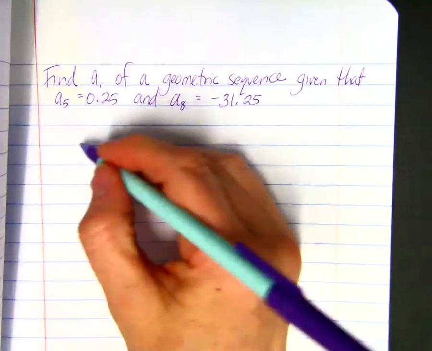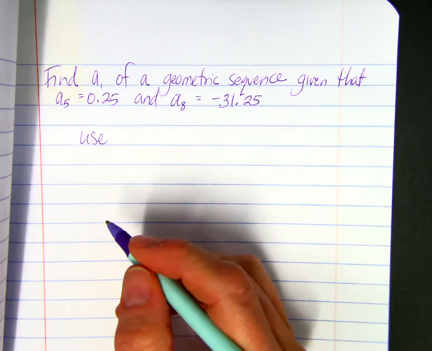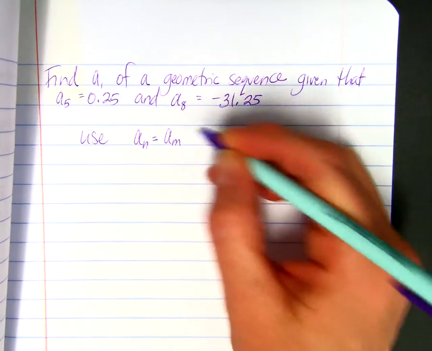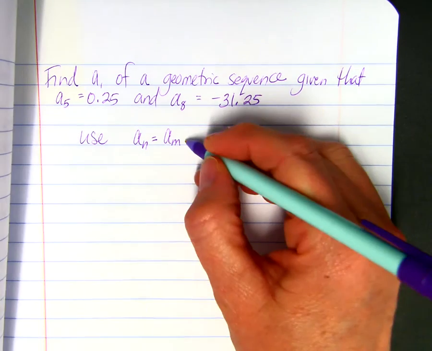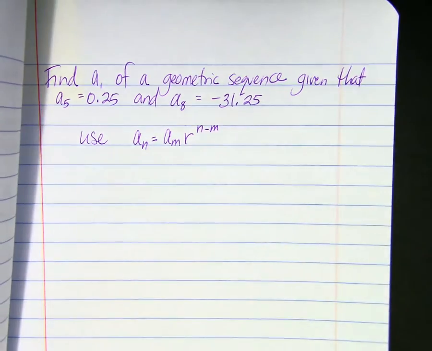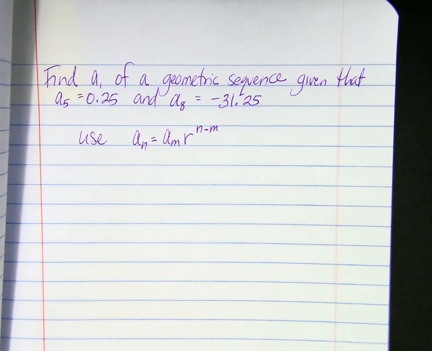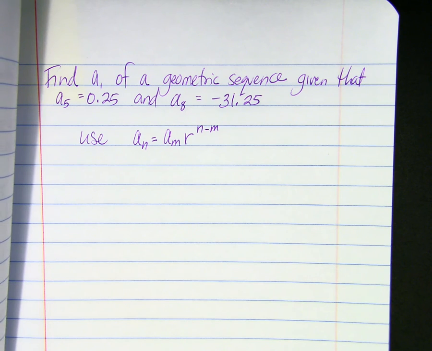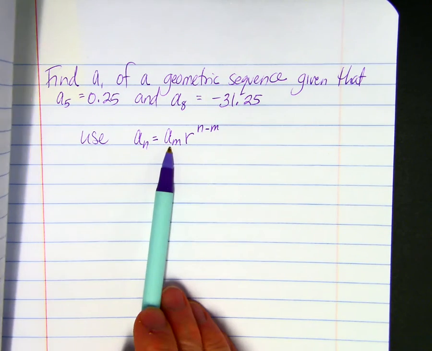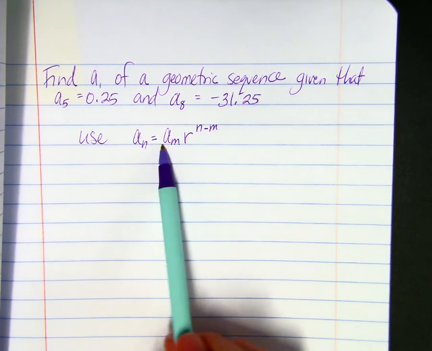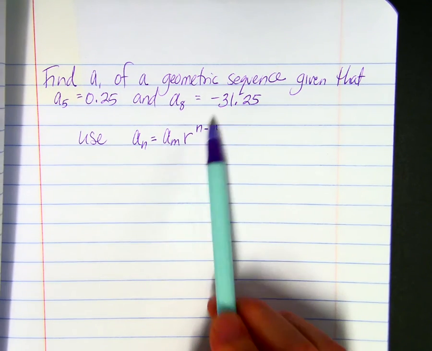So we're going to use this formula: a sub n equals a sub m times r raised to the n minus m power. That's if you're in the middle of your geometric sequence. If you have two terms in the middle, you start with the first one and then times it by the ratio raised to that power.